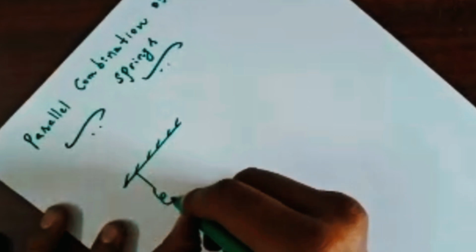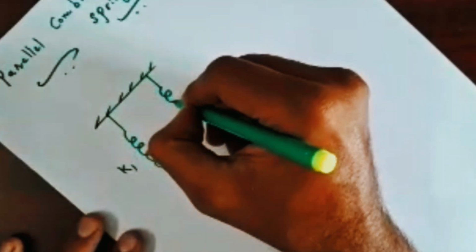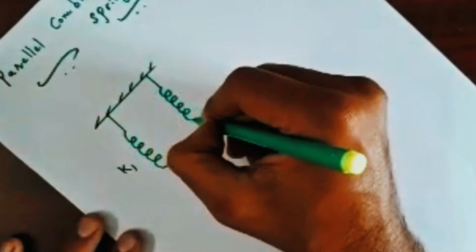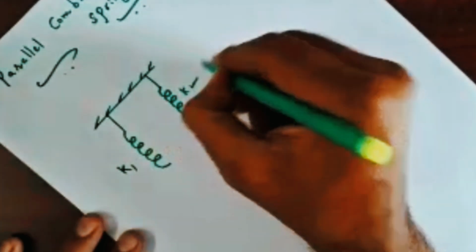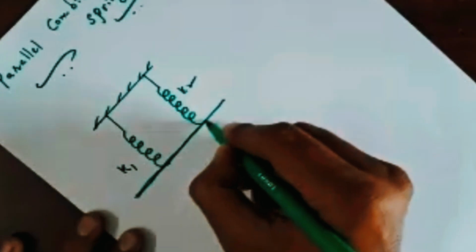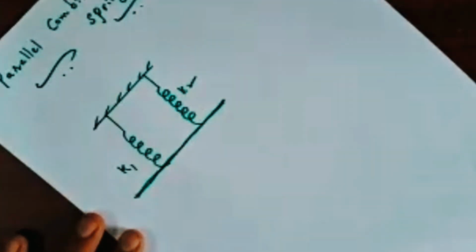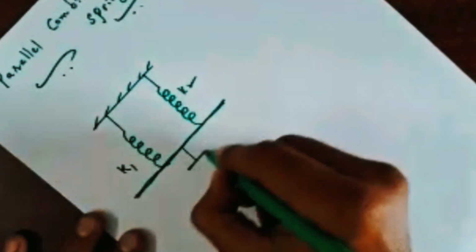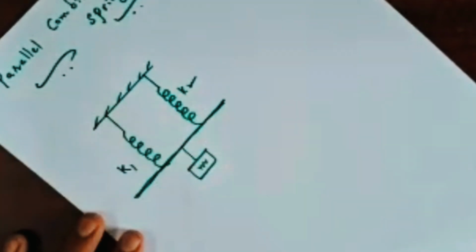This is one spring having the force constant K1, and this is another spring having the force constant K2, and these two are connected like this. This is one lightweight rod, and to this one body is attached like this. That is M. Okay, like this. In this case, when they are arranged like this, then this is called parallel combination.